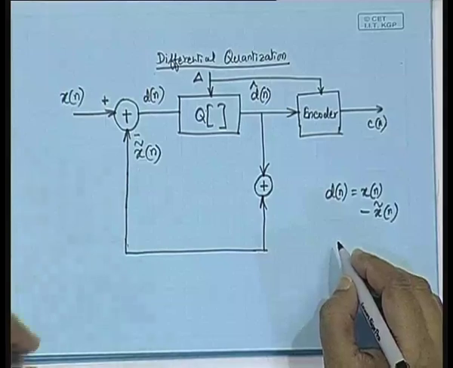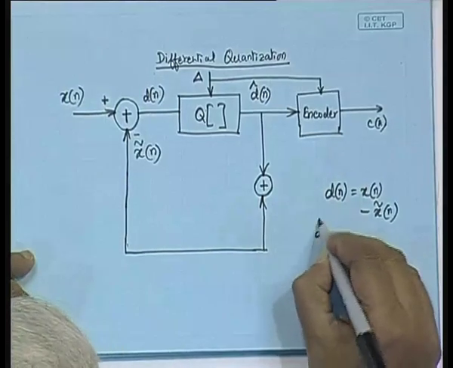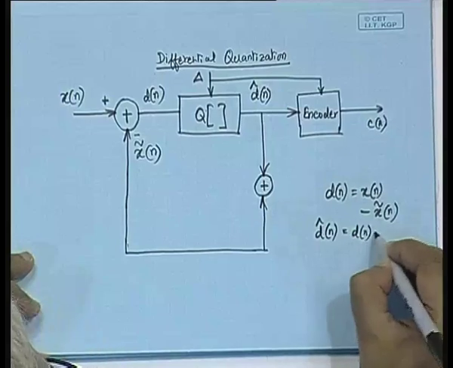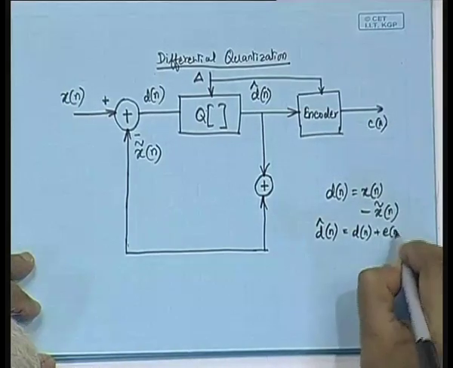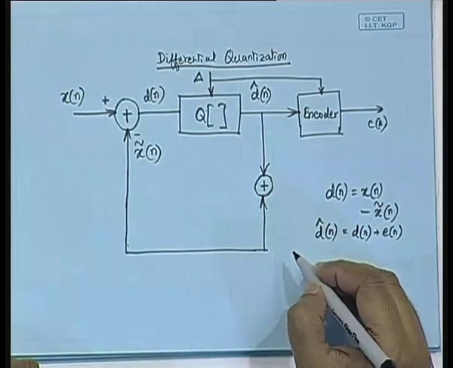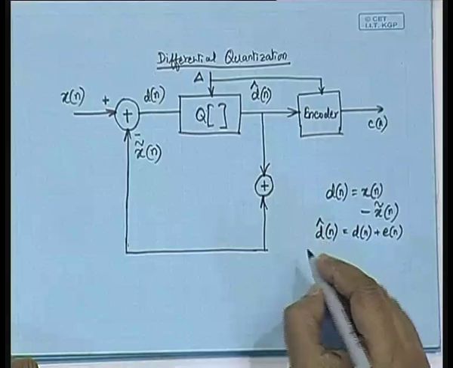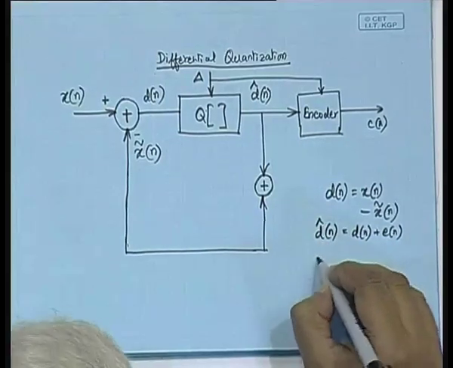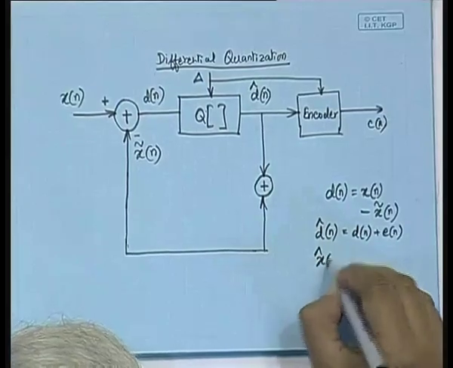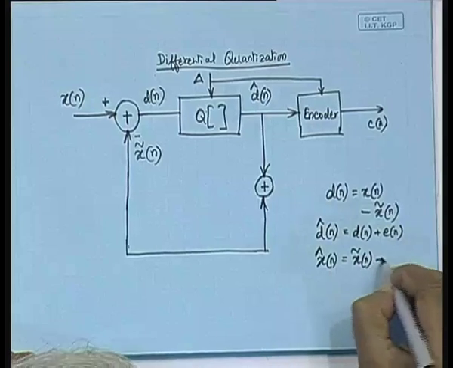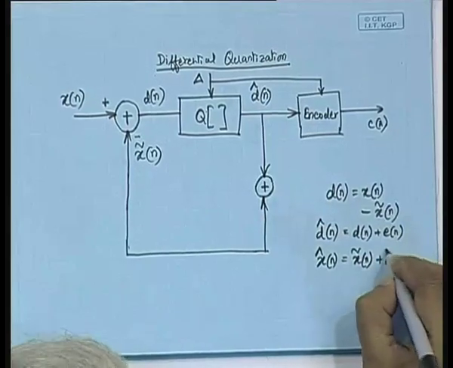In fact we can write down all these things. So d cap of n we can write as d of n plus e of n. What is e of n? e of n is nothing but the quantization noise, right? And then we can write x cap of n as x tilde of n plus d cap of n.